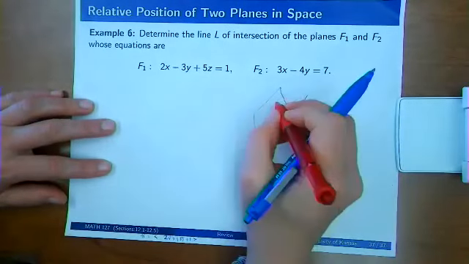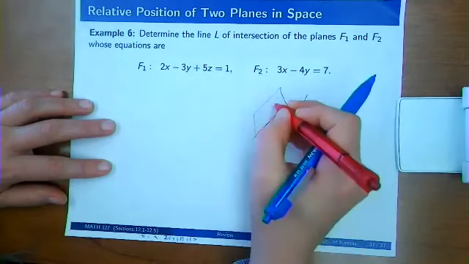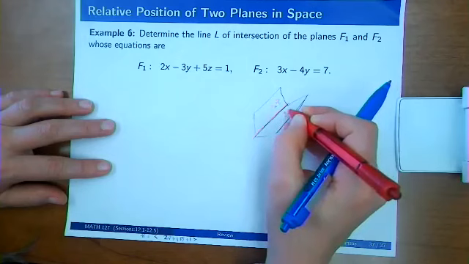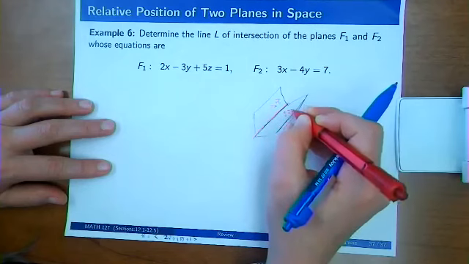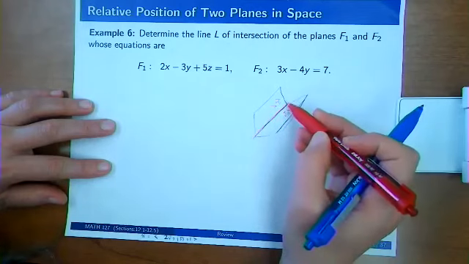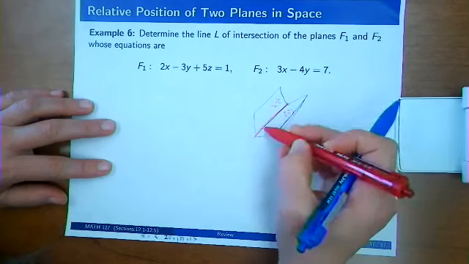What's happening is that we will have one normal N1 and then another normal N2. Guess what? N1 and N2 are both orthogonal to this line as well.